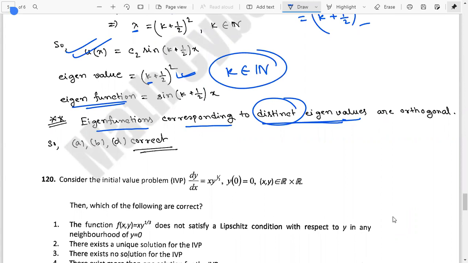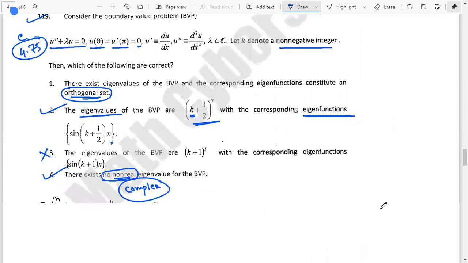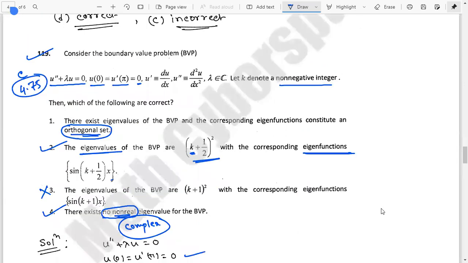If k were from integers, then k equals 1 and minus 1 could give non-distinct eigenvalues. But here k is from natural numbers, that's why all the eigenvalues are distinct. And for distinct eigenvalues, the eigenfunctions will be orthogonal. So option 1 is also correct, and option 4 is also correct.